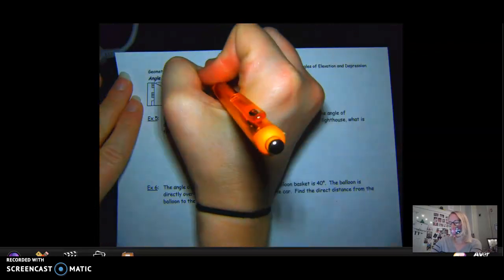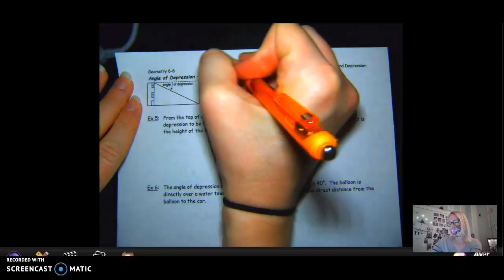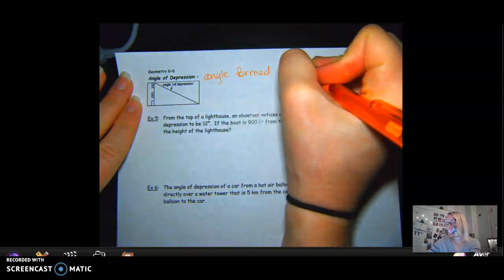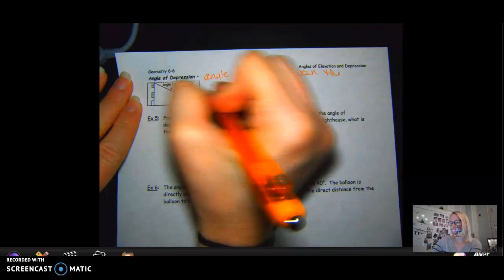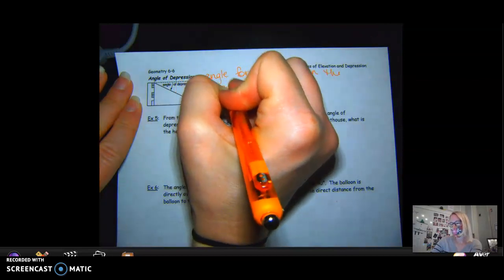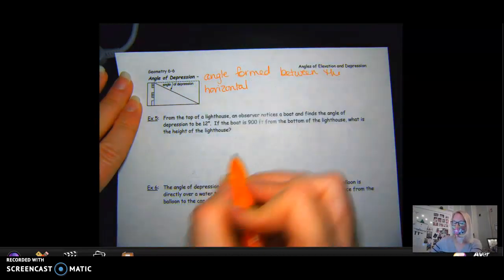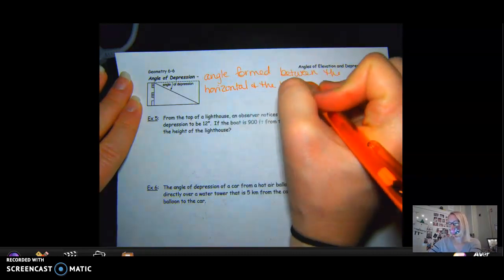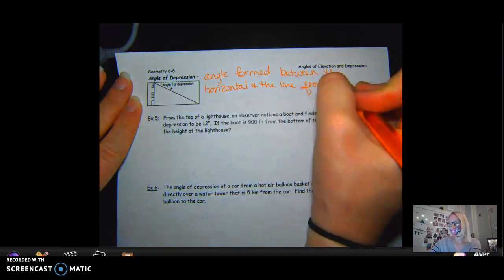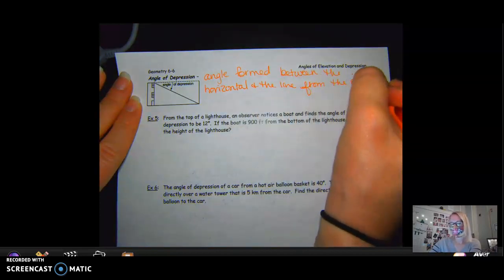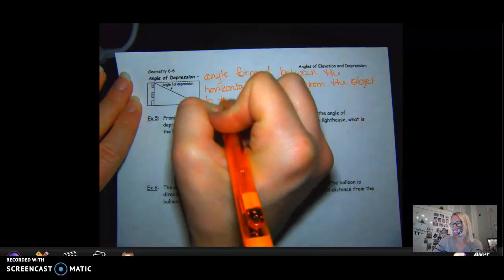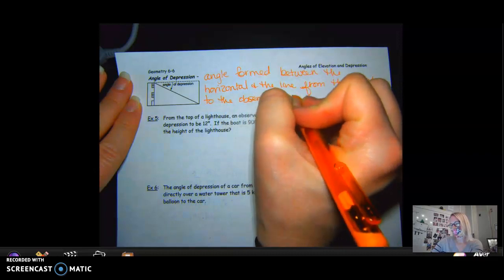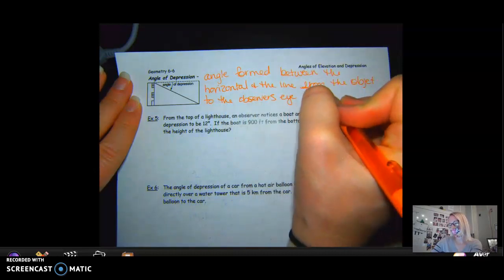This is the angle formed between the horizontal and the line from the object to the observer's eye, which again we call the line of sight.